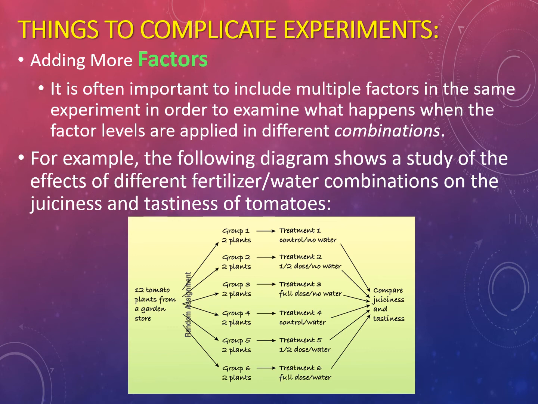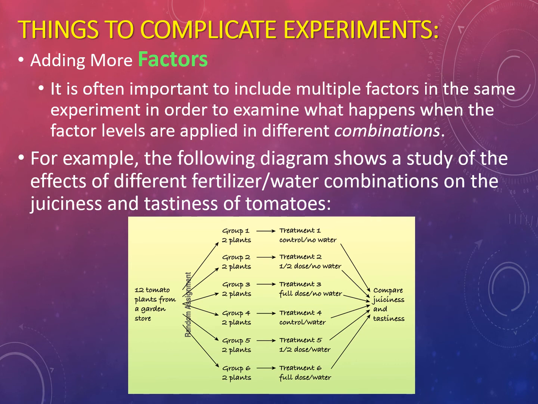Now within our groups, we've got our different factors identified, our different treatments. So treatment 1 has the control as instead of a fertilizer, it has some mystery powder with no water. Treatment 2 is a half a dose of the treatment with no water, and then treatment 3 is a full dose with no water.